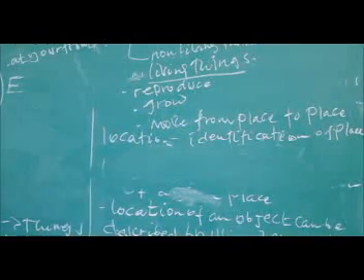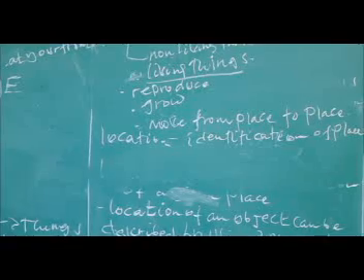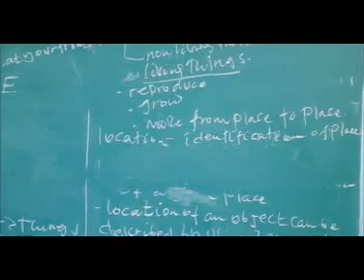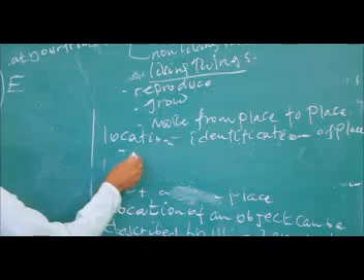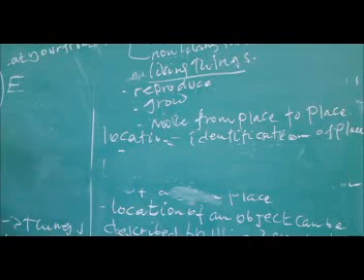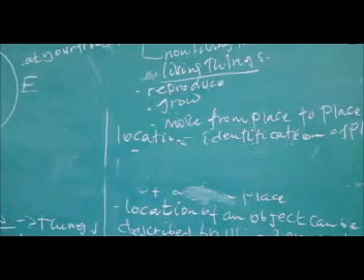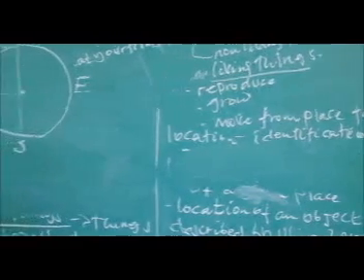We can identify a given object by saying to the left, to the right, to the back, and to the front. You can locate a given object by using these methods.